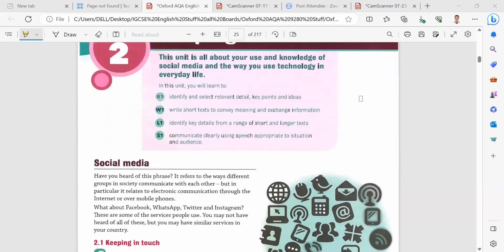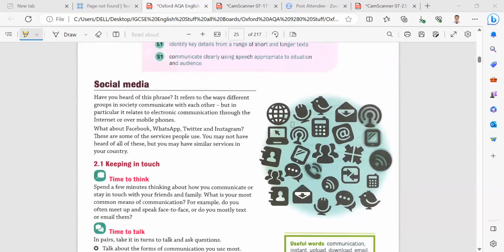Again, guys, look at the picture. Can you see my screen? Yes. Guys, how can you communicate with your friends, with your family members, with your teachers, with people around the world? How can you communicate? Can you give me your communication methods?